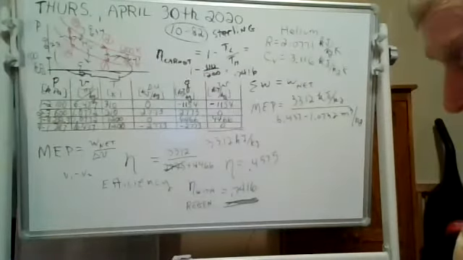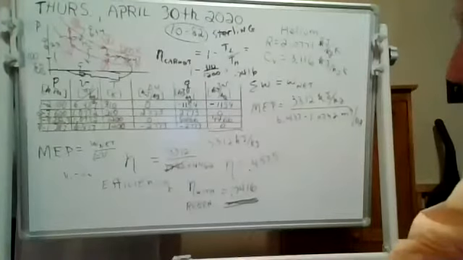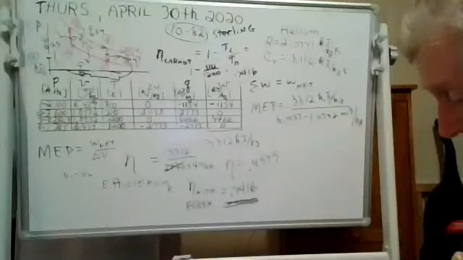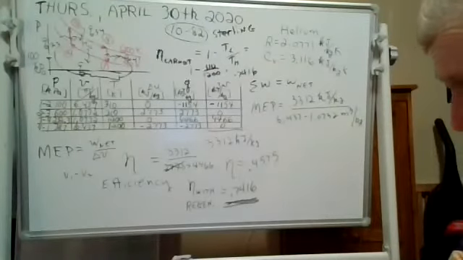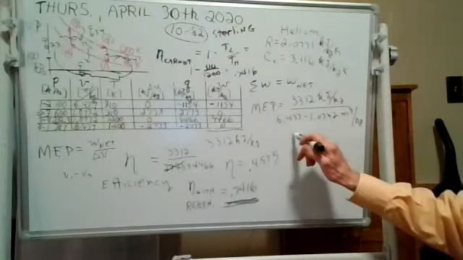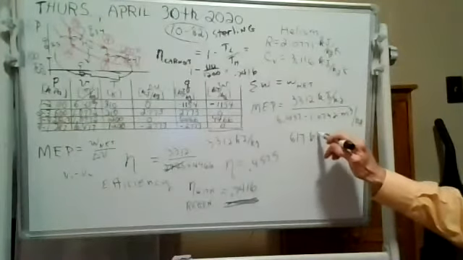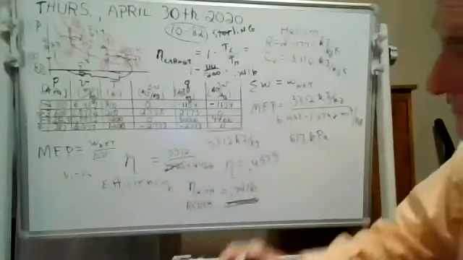And what you'll wind up with is kilopascals. Well, let me do that. Here goes. Well, I got a mean effective pressure of 617 kilopascals.